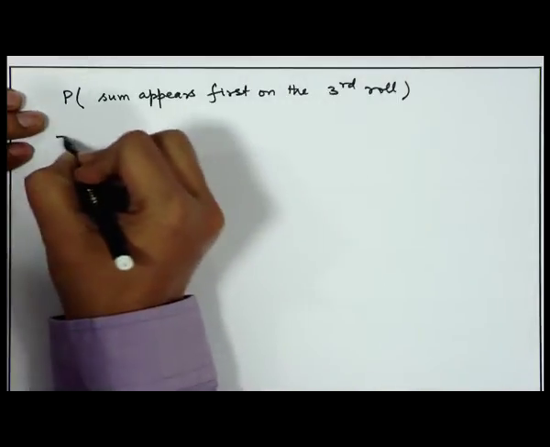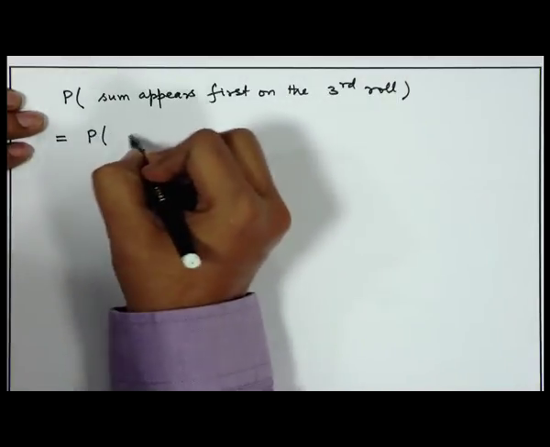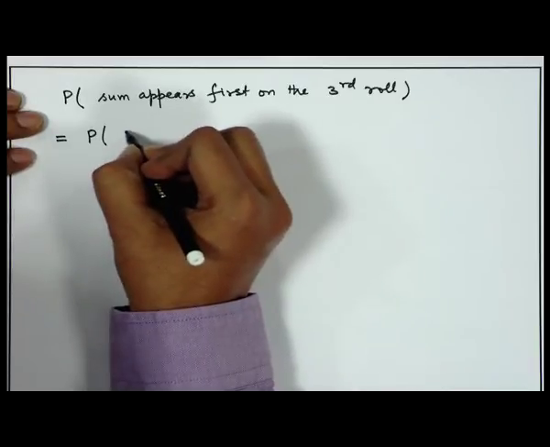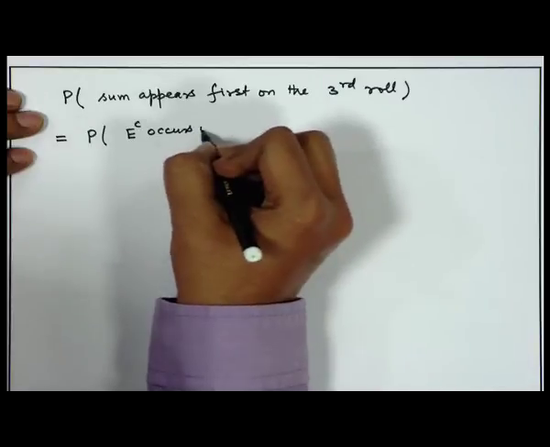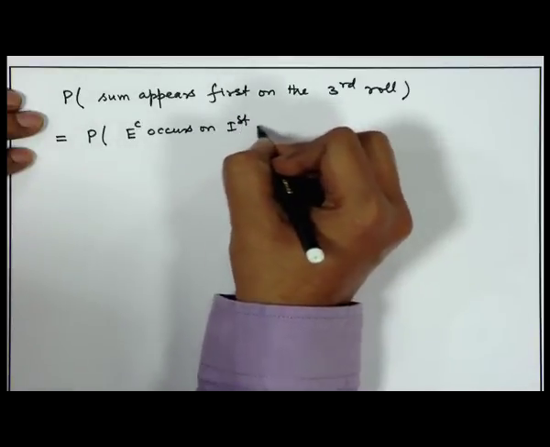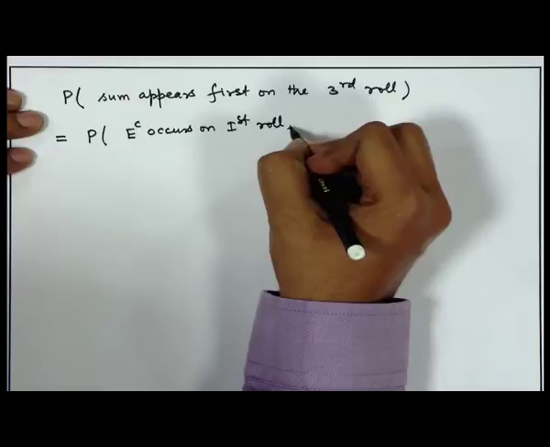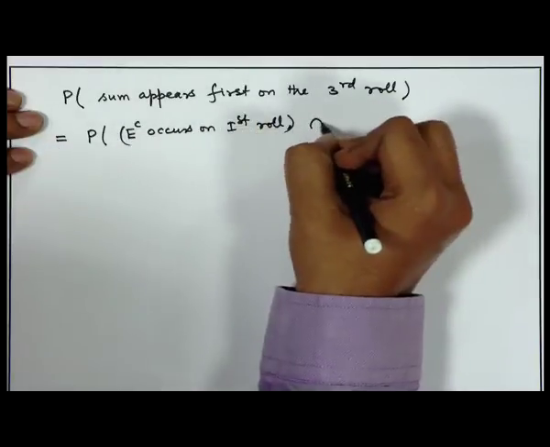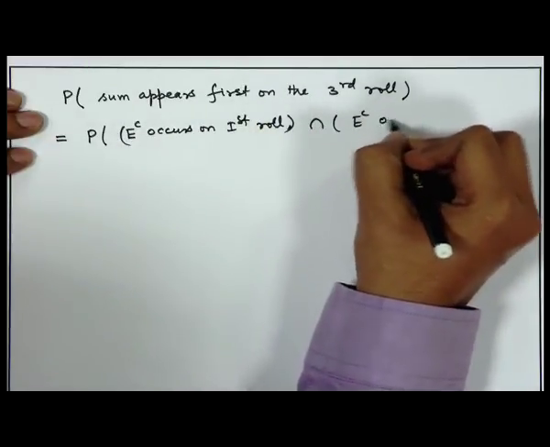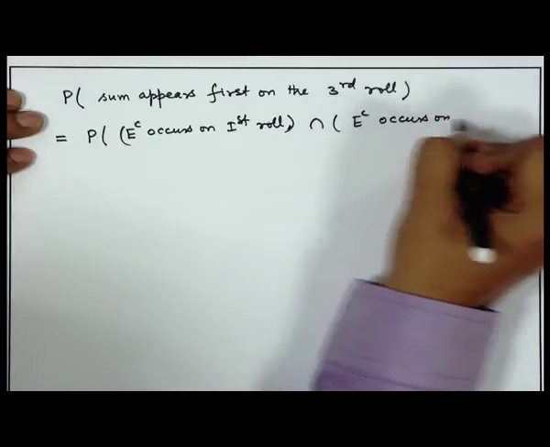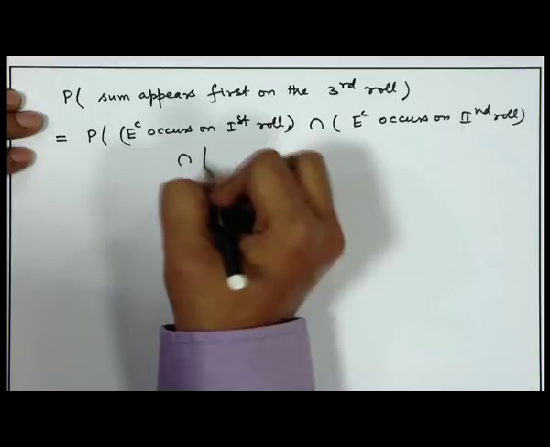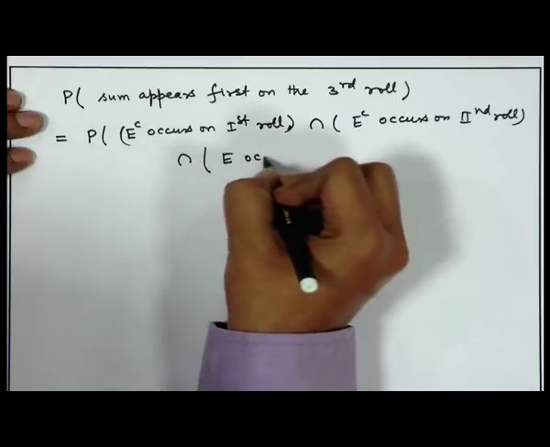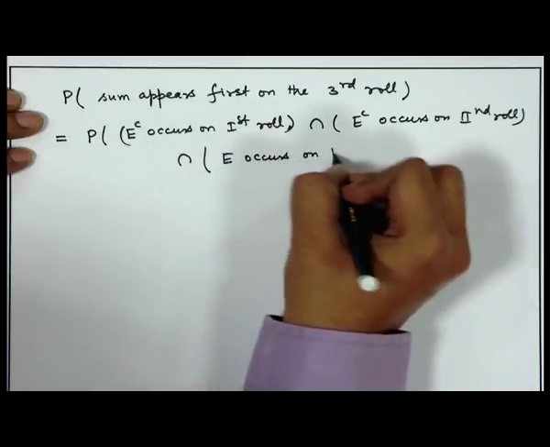is equal to: E complement occurs on the first roll, intersection E complement occurs on the second roll, intersection E occurs on the third roll.